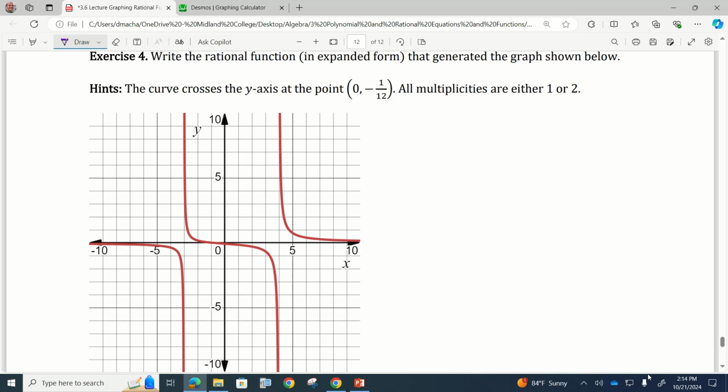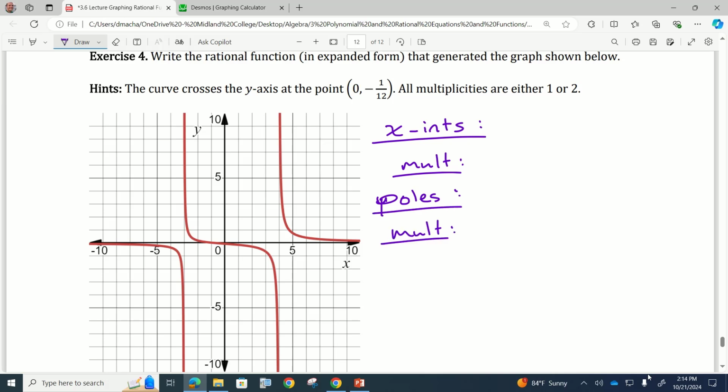It says, write the rational function in expanded form once again that generated this graph. And so using the same procedure, let me make a list of my x-intercepts and their multiplicities, and a list of the poles and their multiplicities. And then we write it in factored form.